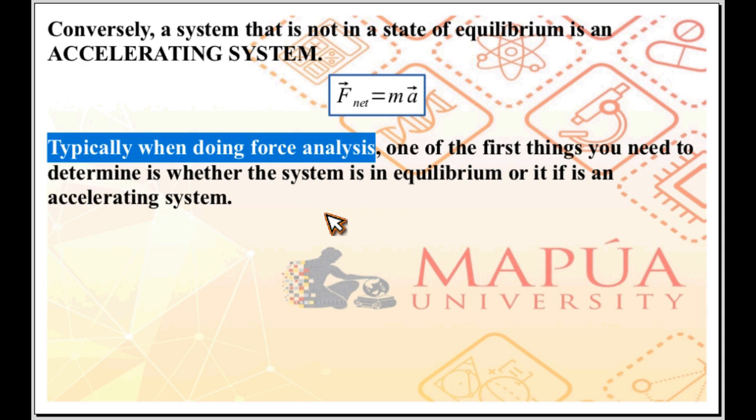So you will either have F net is equal to 0 is equal to summation of the forces, equilibrium state. Or for accelerating system, you have F net is equal to ma is equal to summation of the forces.